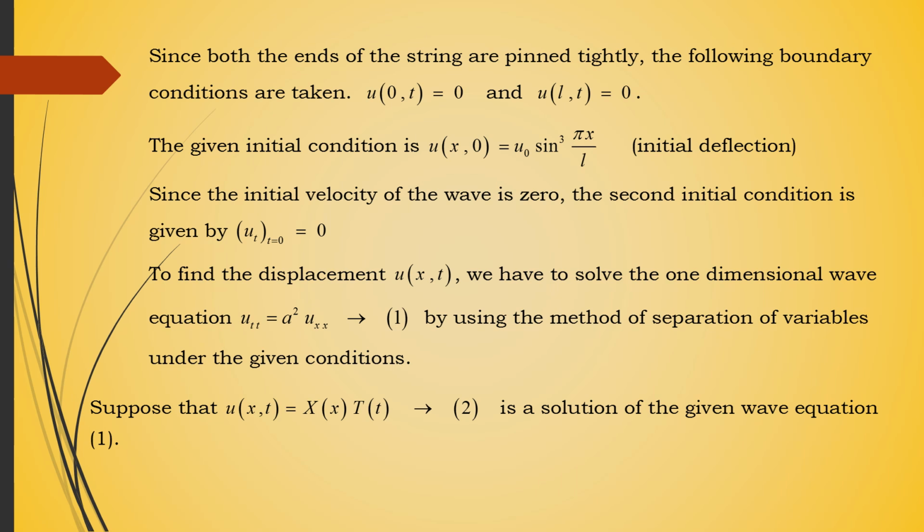If we observe this solution, X of x is purely a function of the space variable x and T of t is a function of a single variable t, and t is the time variable.